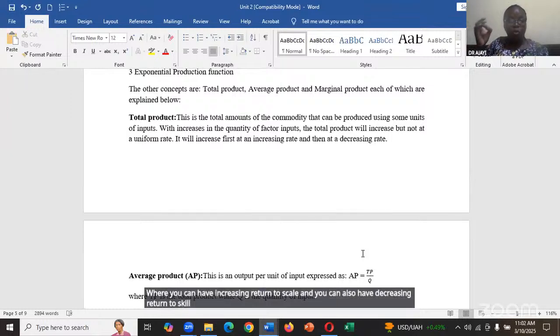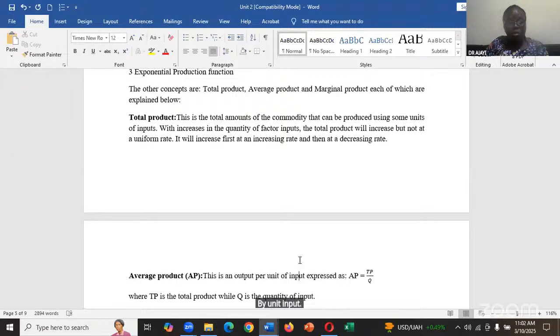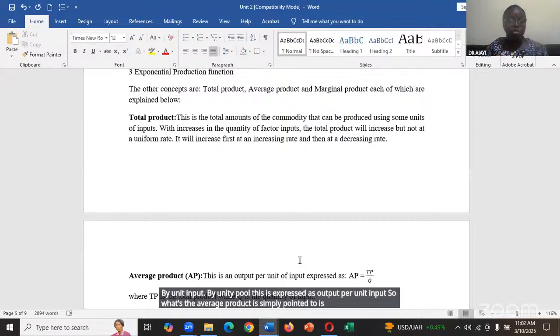So for this concept, apart from total products, we have average product that tries to describe per unit input. This is expressed as output per unit input. So what the average product is simply pointing to is, what do you have per unit product?